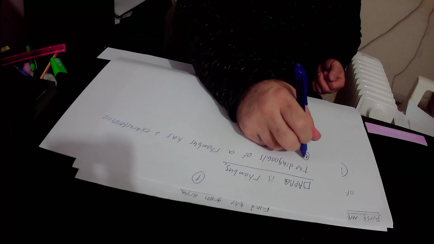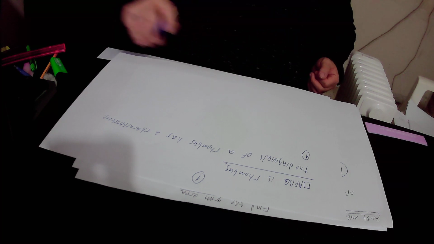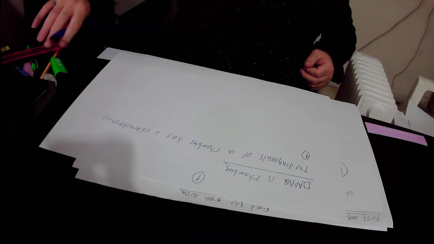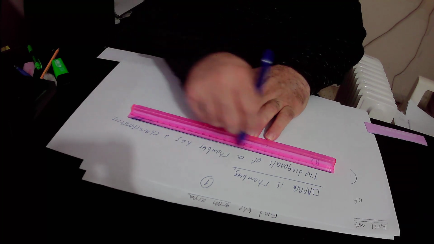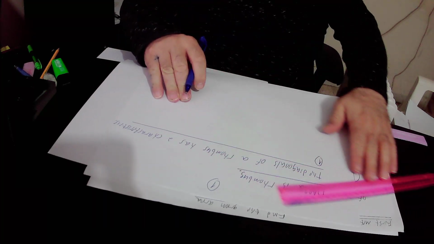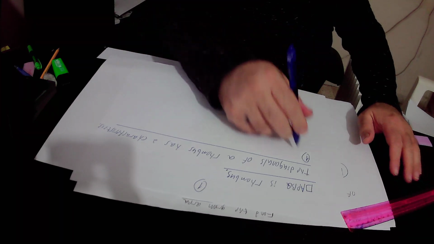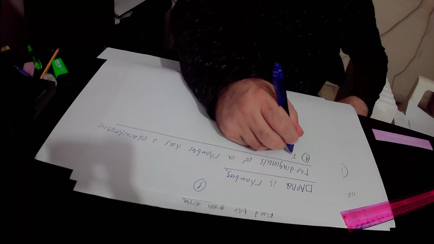First of all, the first characteristic is that the diagonals are perpendicular to each other.